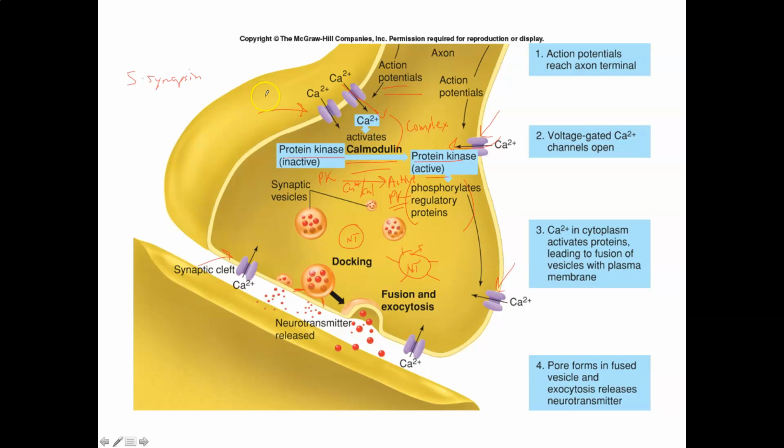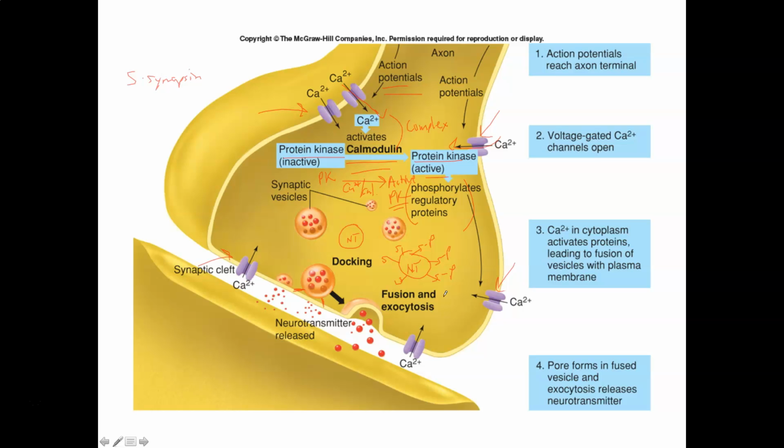So those synapsin proteins, if I was to draw a bunch of synapsin proteins here, they're going to get phosphorylated. So we're going to add some phosphate to them. And phosphate represents energy. So when you start to energize the vesicle, that's going to assist the vesicle in completing its docking and fusion process. It takes energy for exocytosis.